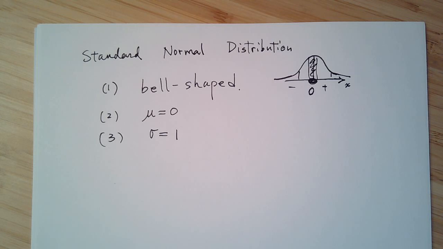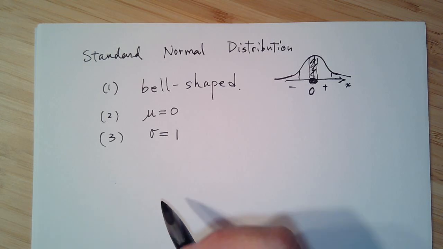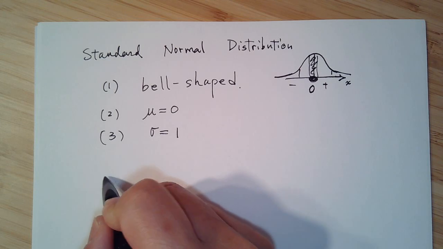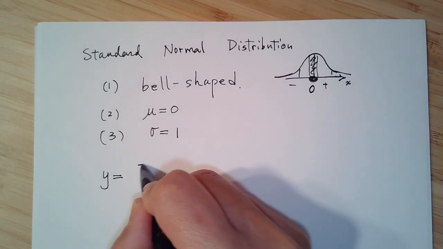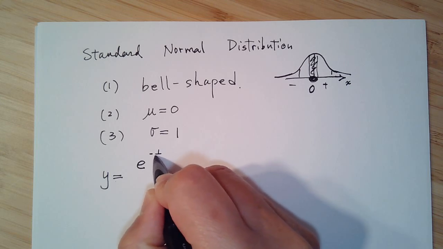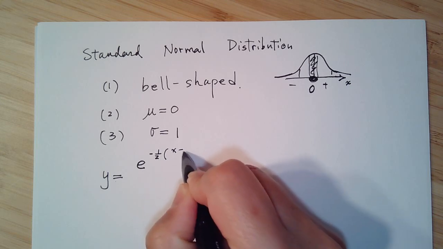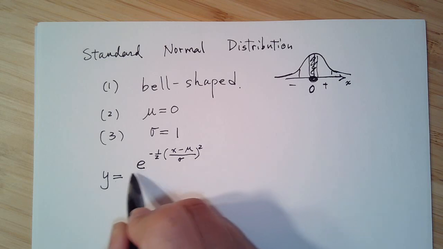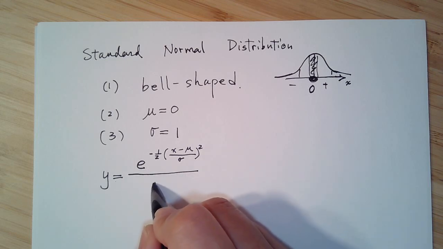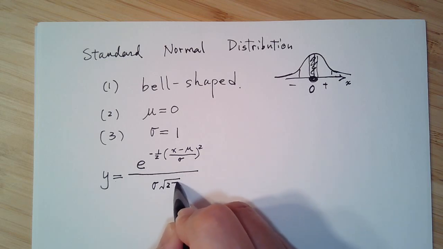Okay, if you have a graphing calculator, you can do this. You can just plug in e to the negative 1/2 times x minus mu over sigma, squared, divided by sigma times the square root of 2 pi.